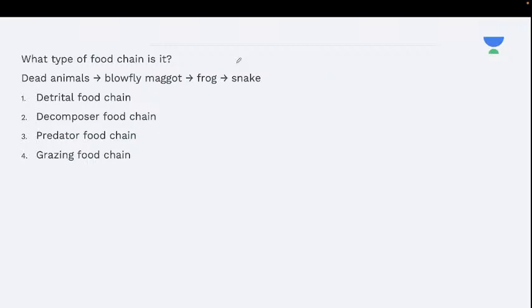So this is a food chain. This is a detritus food chain because it's starting from a dead animal. So this is a detritus food chain.